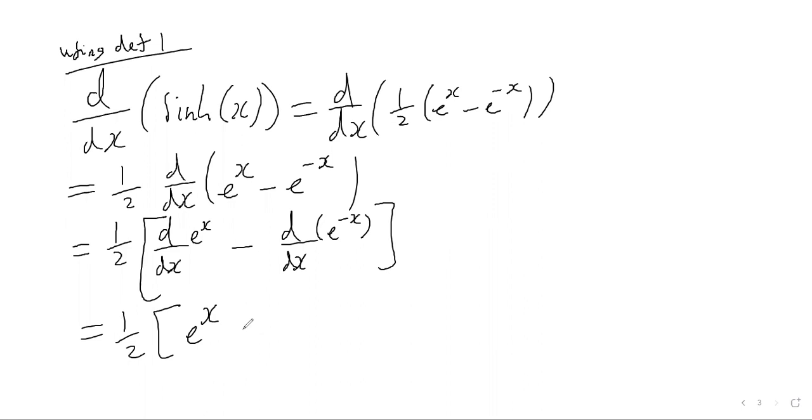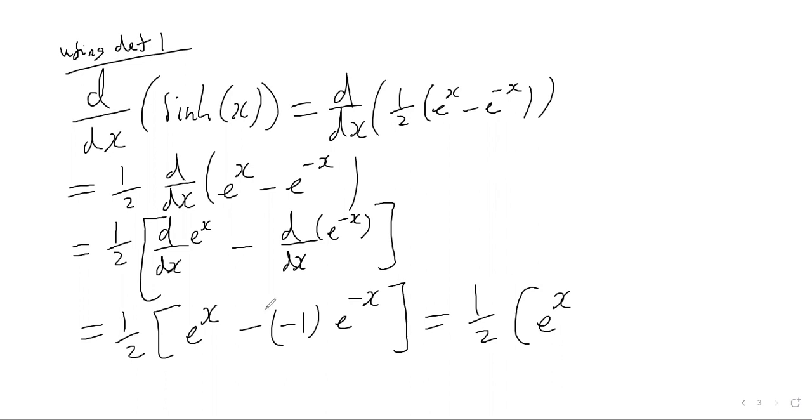So we bring the negative 1 to the front, and we differentiate e to the negative x with respect to negative x, and you just get e to the negative x, because when you differentiate the exponential function, you get the exponential function itself. Then we simplify the negatives, so we get half of e to the x, minus e to the negative x, so plus e to the negative x. That's our final answer.